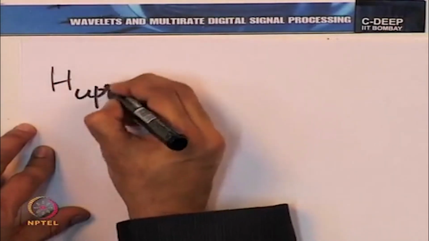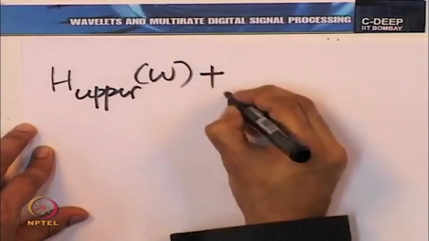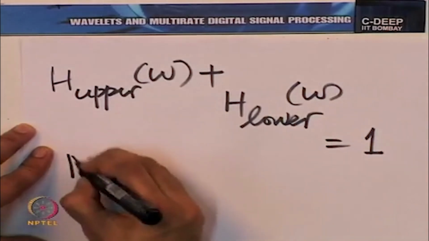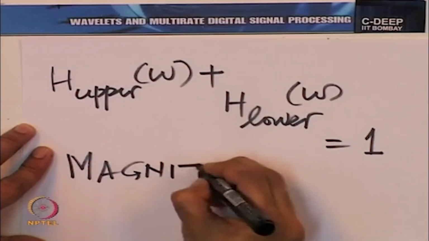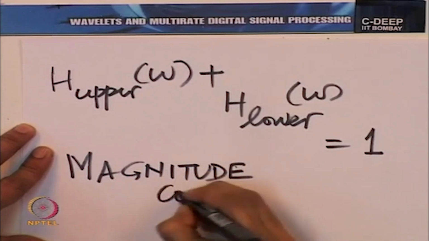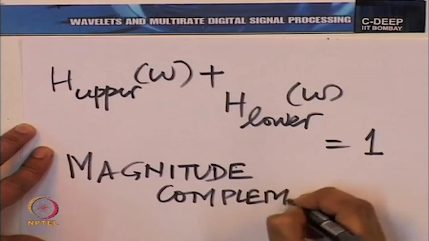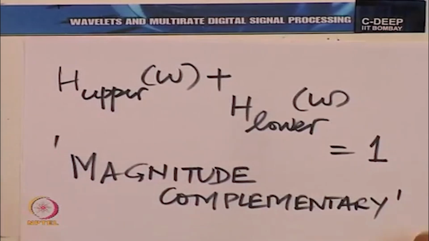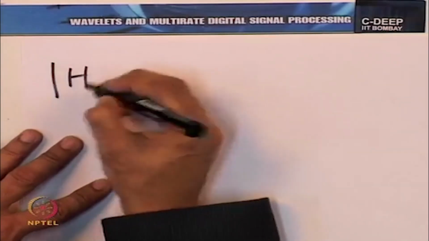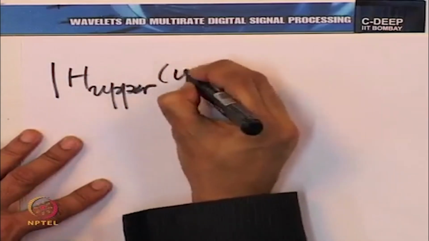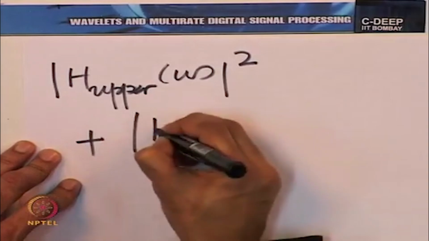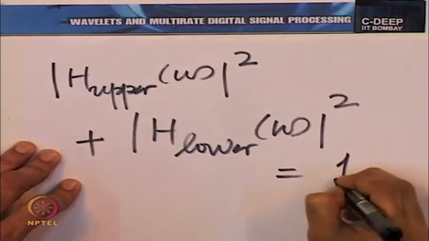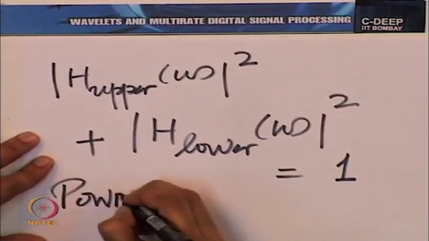H upper omega plus H lower omega is equal to 1. This is called magnitude complementary property. And in addition, mod H upper omega squared plus mod H lower omega squared is identically equal to 1. This is called the power complementary property.